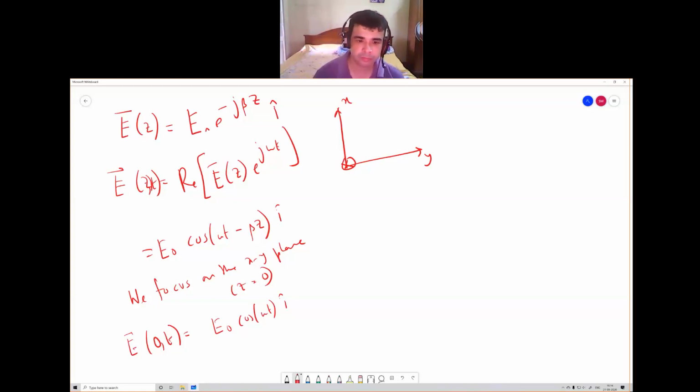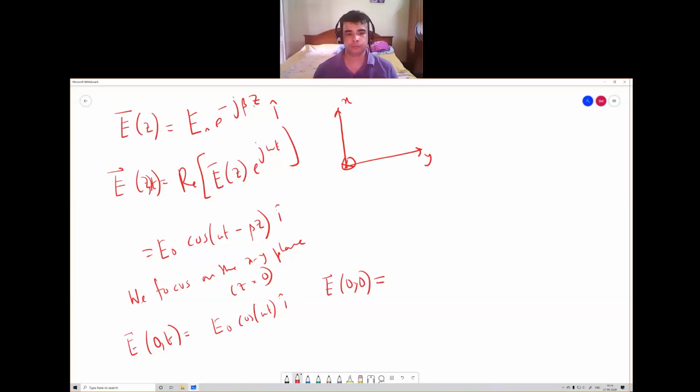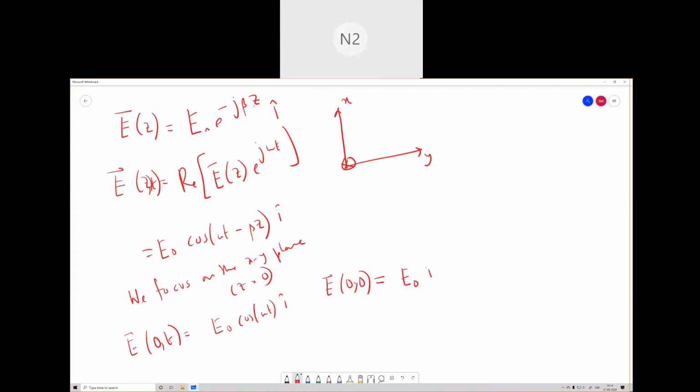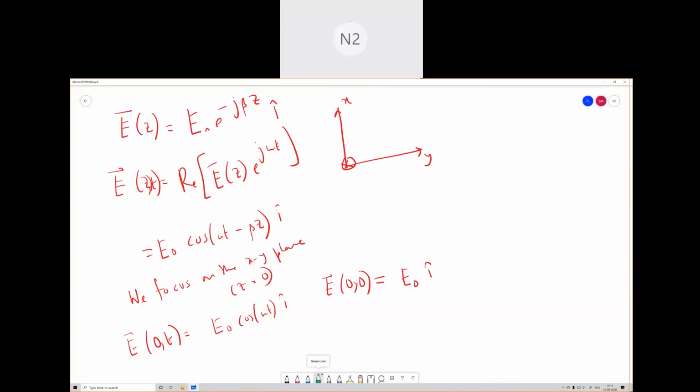Now tell me what happens when t is also 0. What is E of 0, 0? E naught. E naught i. Absolutely, correct. That will be somewhere here on the xy coordinates.